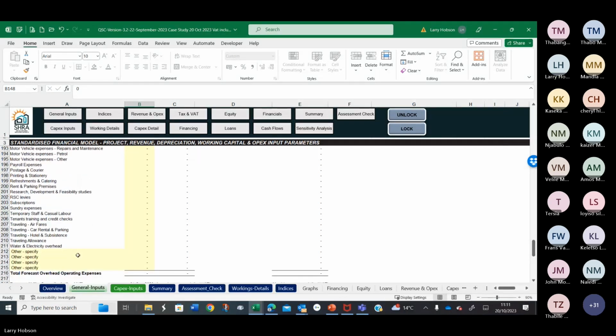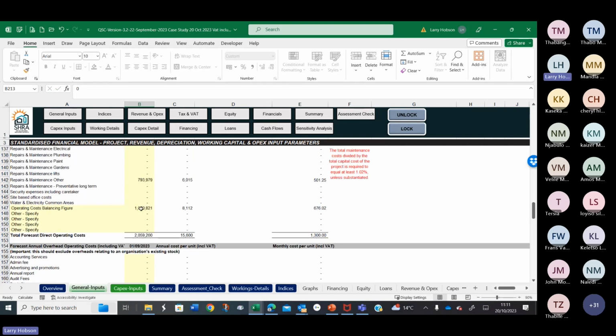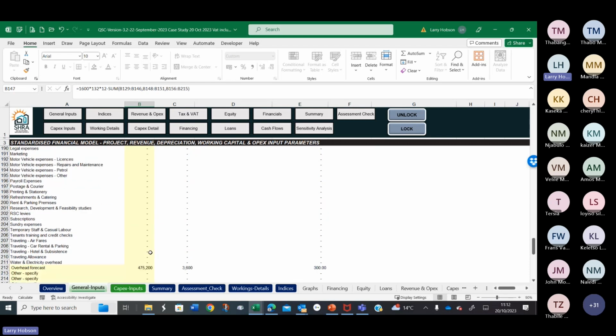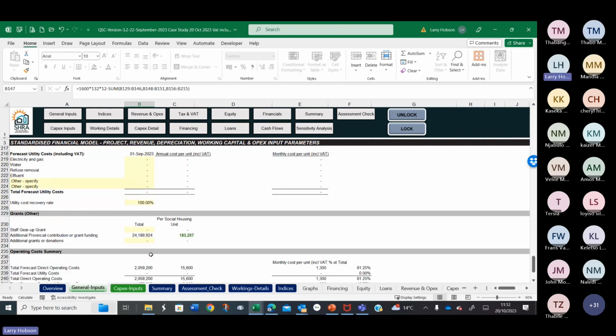I'm going to say if we're going to be spending equals 300 times 132 times 12. So we'll find that our figure up here would now reduce a bit because we've chopped off a little bit, but the total operating costs and overheads would now be 1,600.